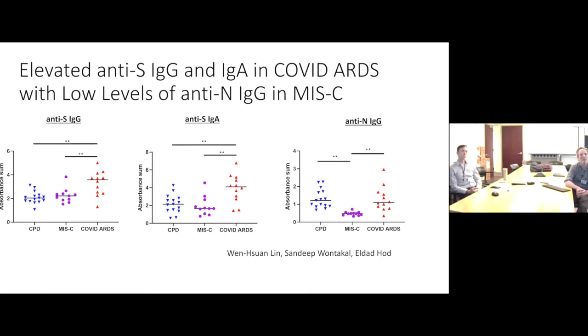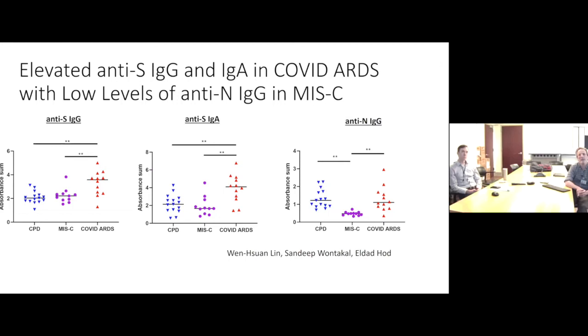So on the left, we have the anti-S IgG levels. And as you can see here, levels tended to be higher in adult patients with the COVID ARDS syndrome compared to the MIS-C patients and the convalescent plasma donors. The same was true for the anti-S IgA levels.